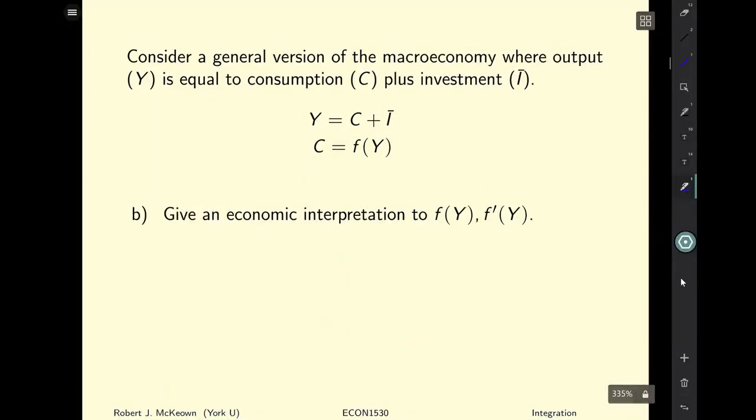Now let's look at question B. Question B asks us to give an economic interpretation to what we did in part A and what we were given in the question. So looking here, it should be fairly obvious that f of Y is a consumption function.